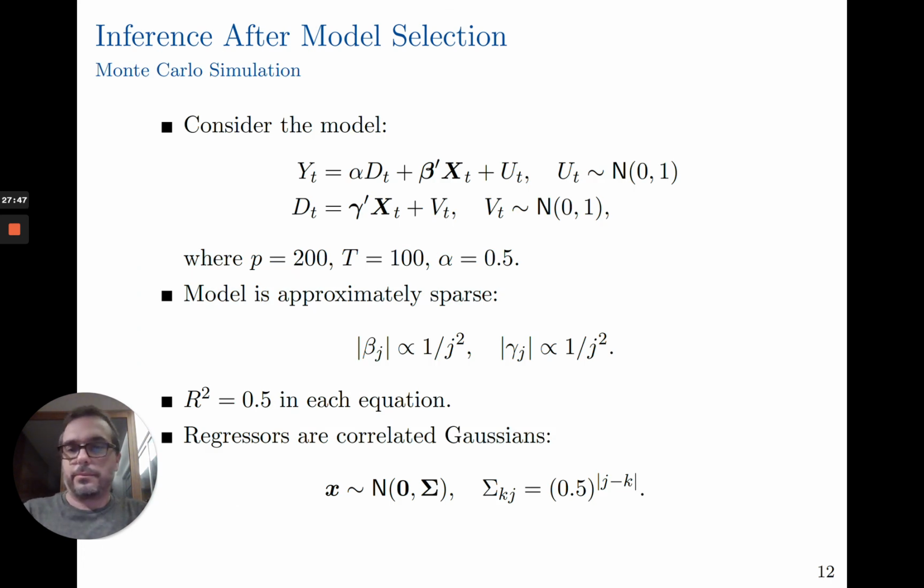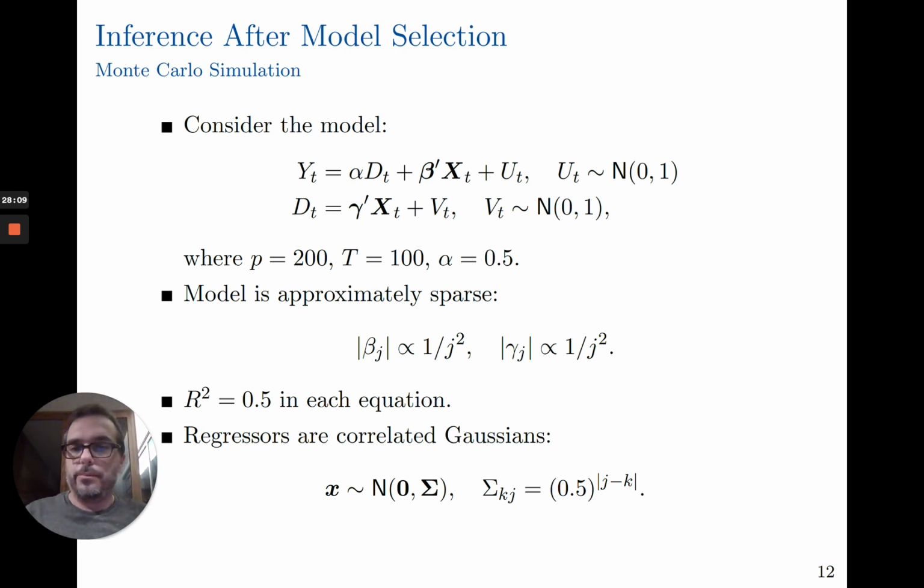In their paper they show a more interesting simulation. Now X is large dimensional, like 200 regressors and 100 observations, and they consider also situations where beta is not truly sparse but just approximately sparse.